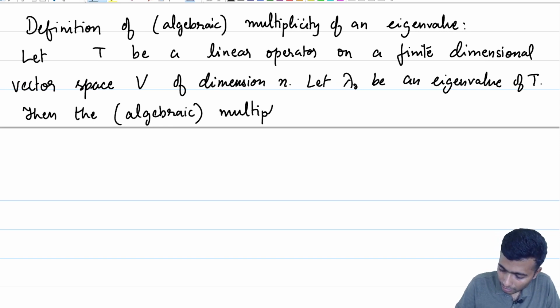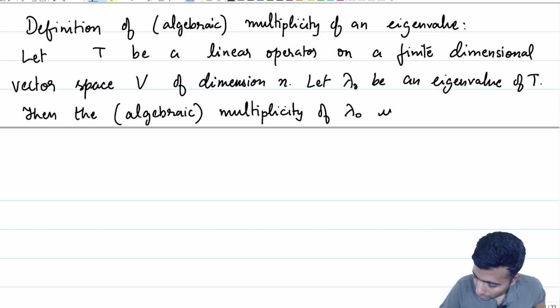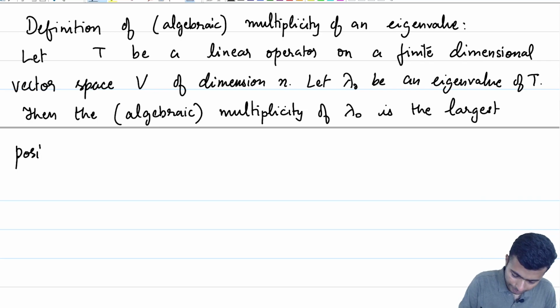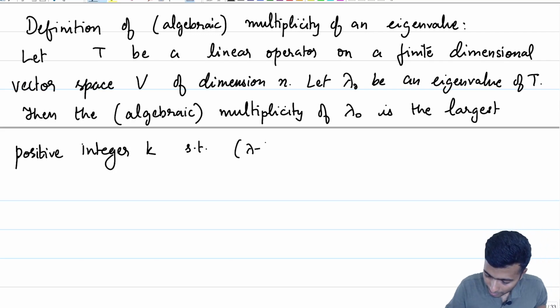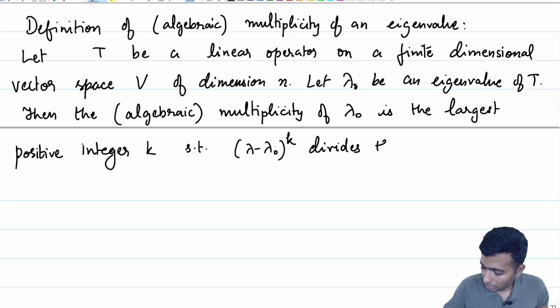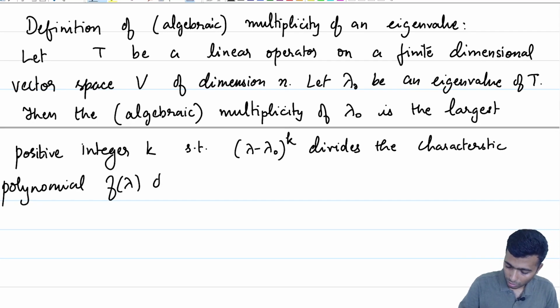The algebraic multiplicity of lambda naught is the largest positive integer k such that (lambda minus lambda naught) to the power k divides the characteristic polynomial f of lambda of T.